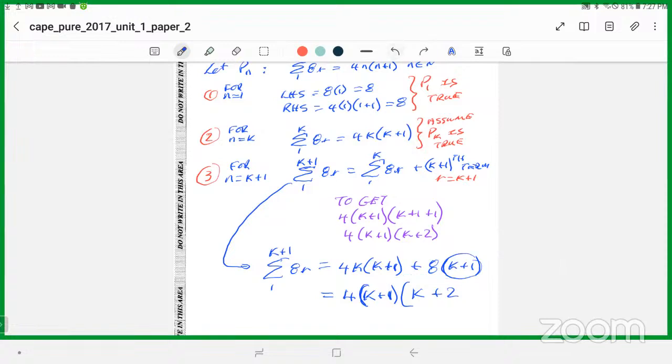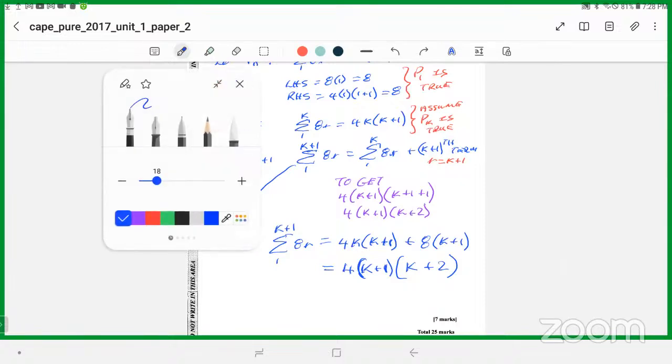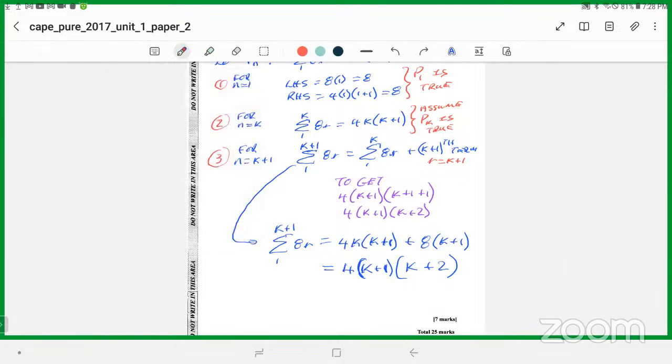So this is now just 2, which is what I want. See there? That's it. I said that I'm supposed to get it and I've gotten it. So this then means that Pk plus 1 is true.